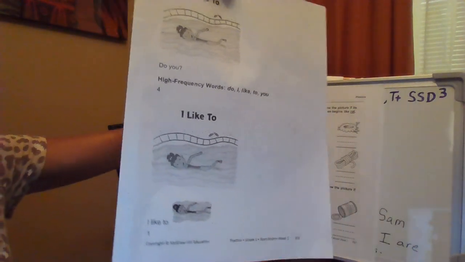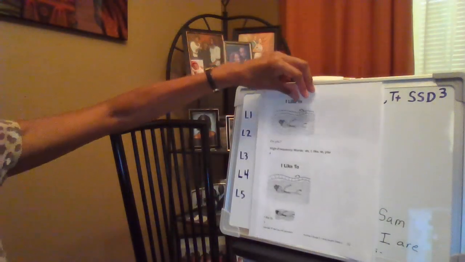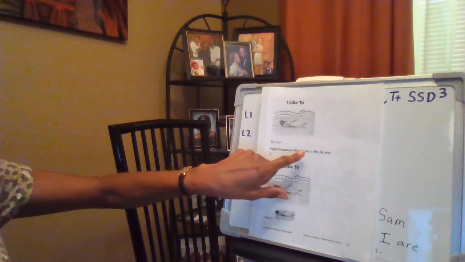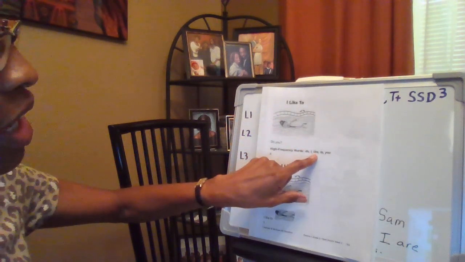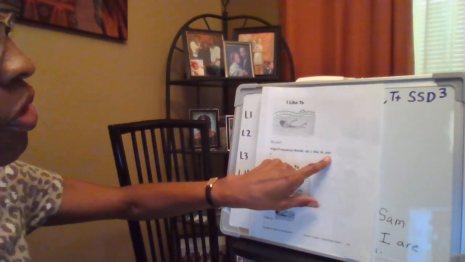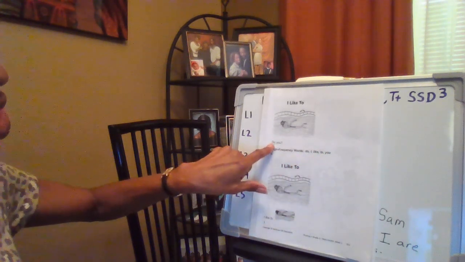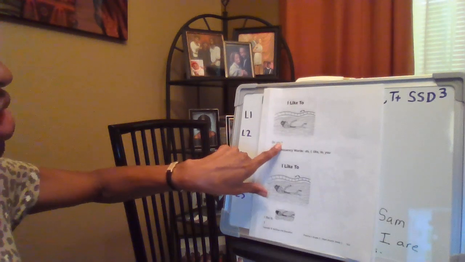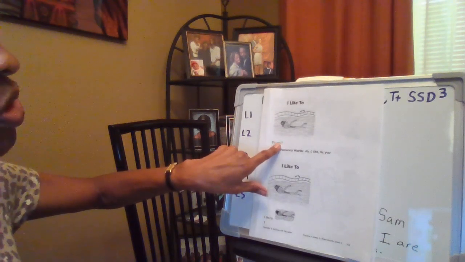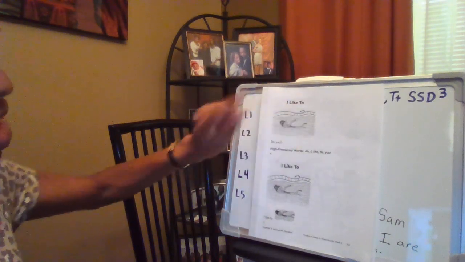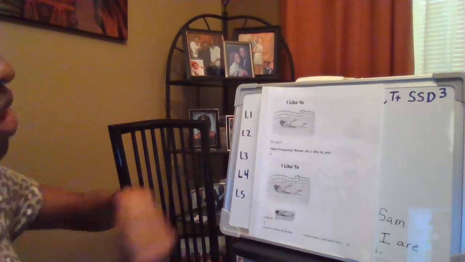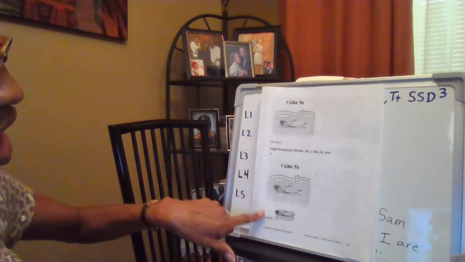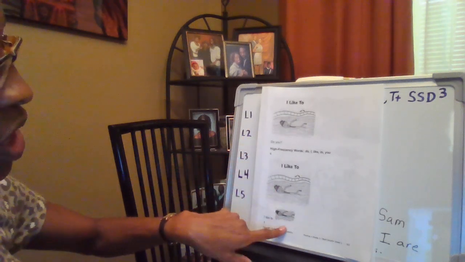Okay. I'm going to read this using the high frequency words do, I, like, to, and you. Okay. So it starts here and has a question. Do you? And the title is I like to. I like to, what is she doing? I like to swim.